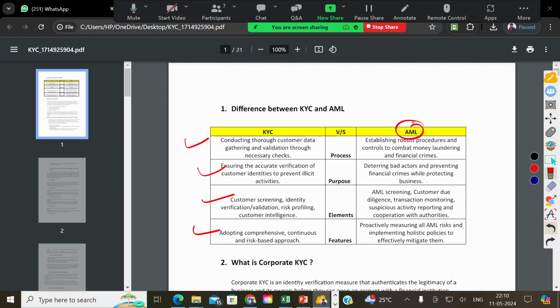When we talk about financial crimes, it means any scandals or any money used for, let's say, social unrest, or maybe bomb blasts or attacks or terrorist planning and all. If money is used for all such activities, that all comes under anti-money laundering cases. Or even if you avoid taxes on money, and if you hide the source of funds, again that comes under anti-money laundering.